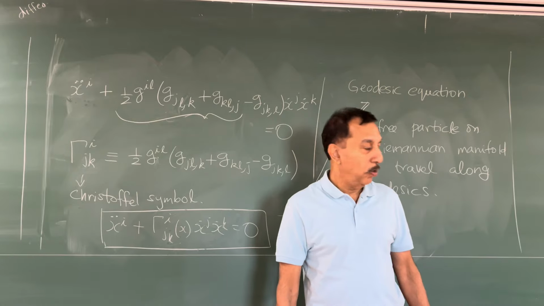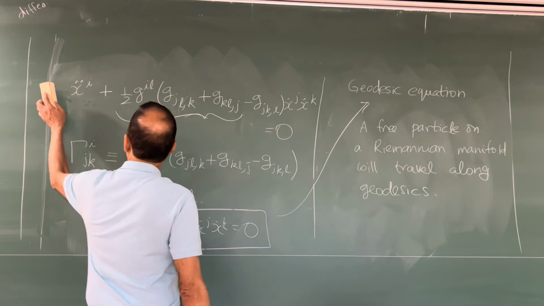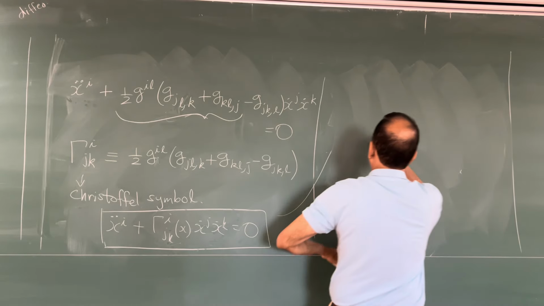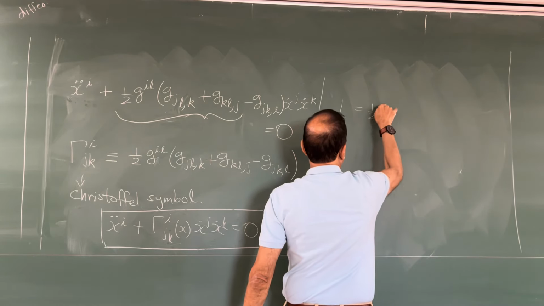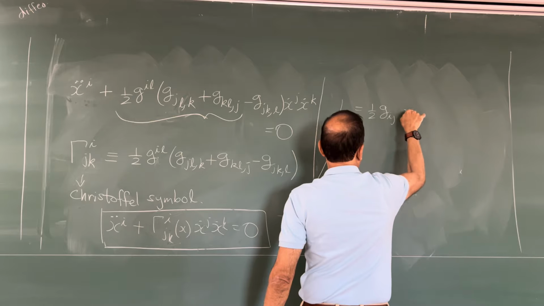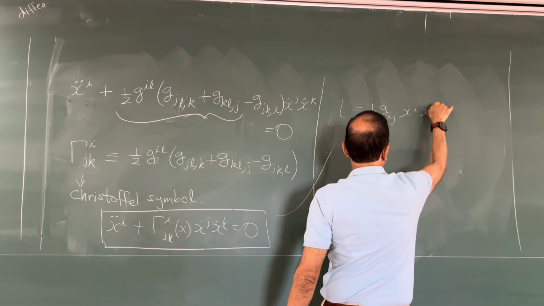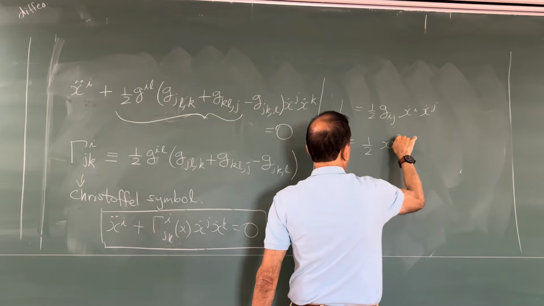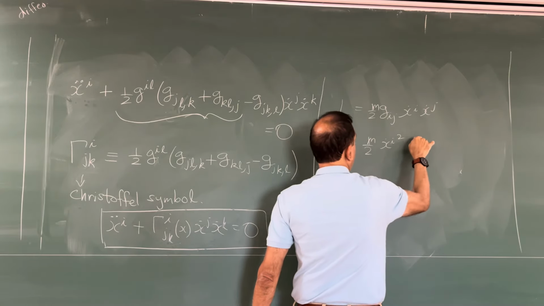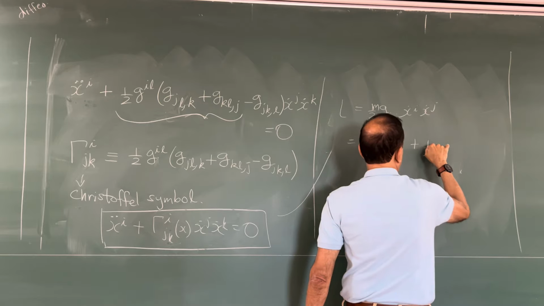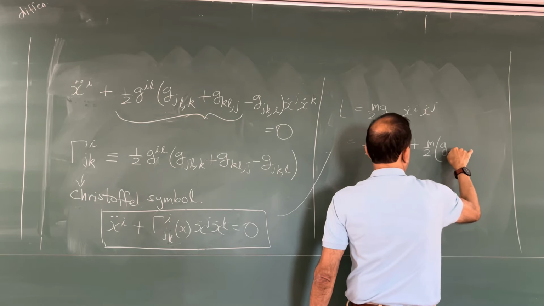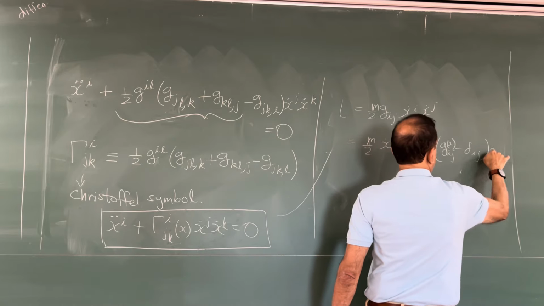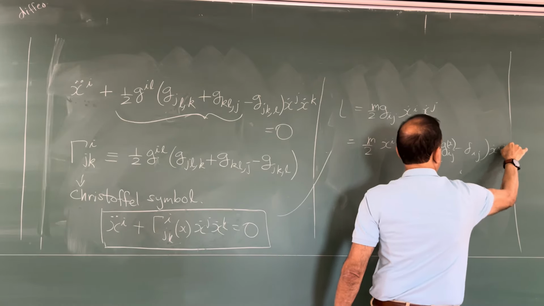That you can't do. What you can do, I'll show you. You can say L is half Gij x dot i x dot j, and I'll write this as half m x dot i squared plus half m (Gij minus delta ij) x dot i x dot j.